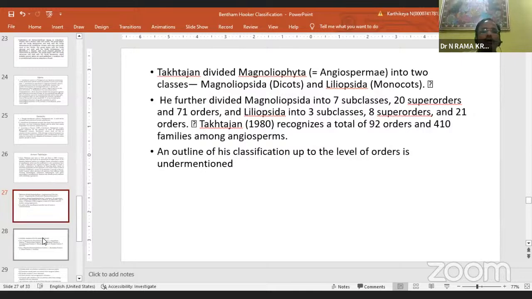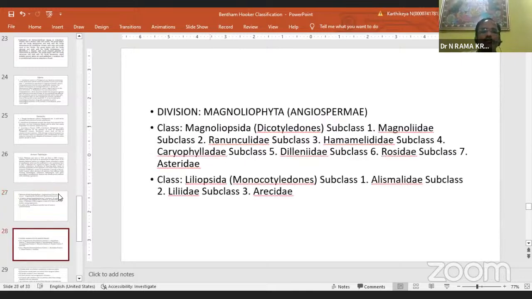Now you see here Magnoliopsida. The second one is Liliopsida. So Magnoliophyta means angiosperms. Magnoliopsida means dicotyledons.